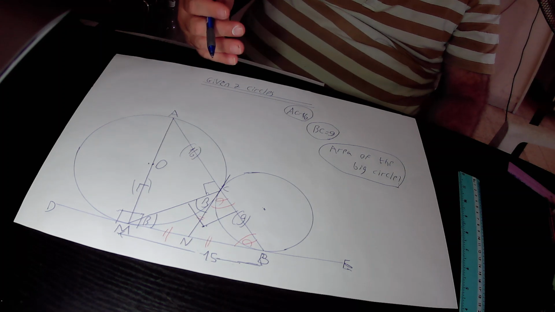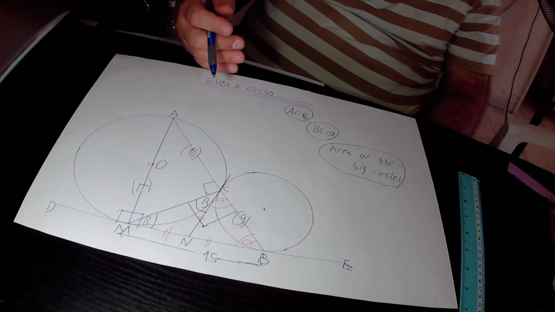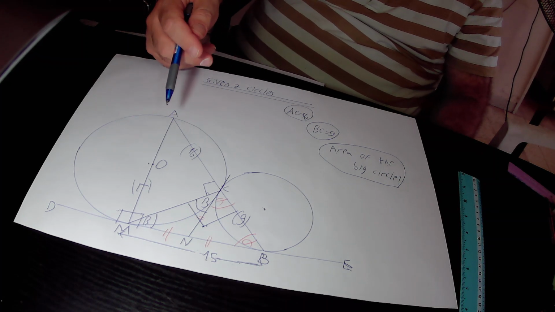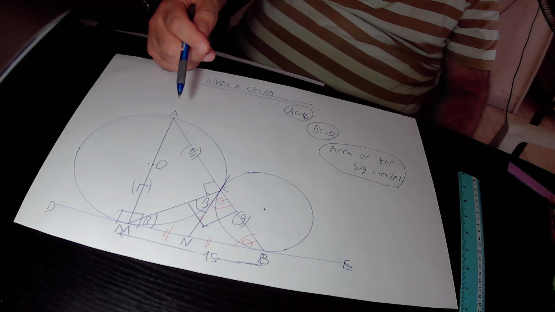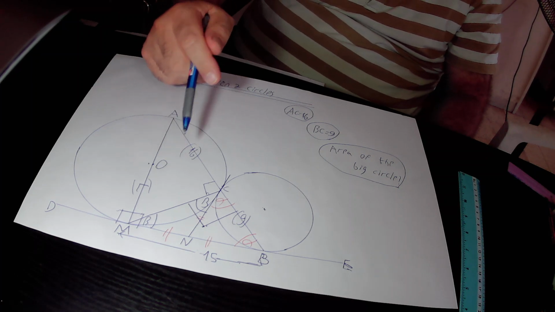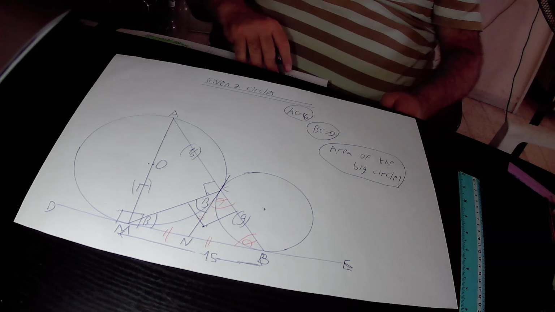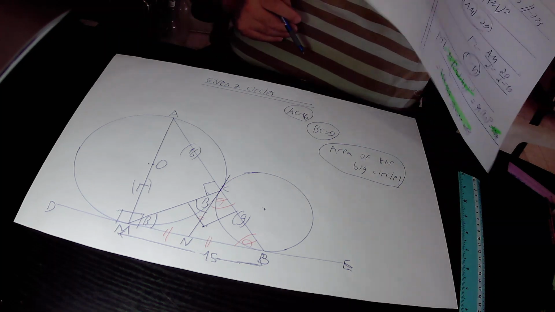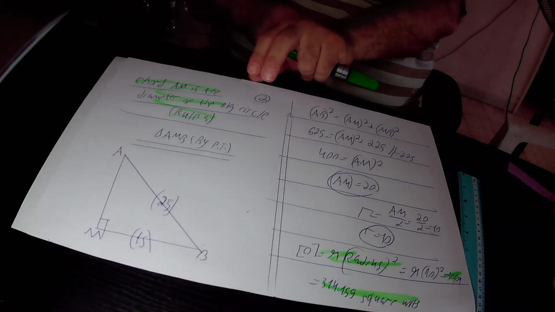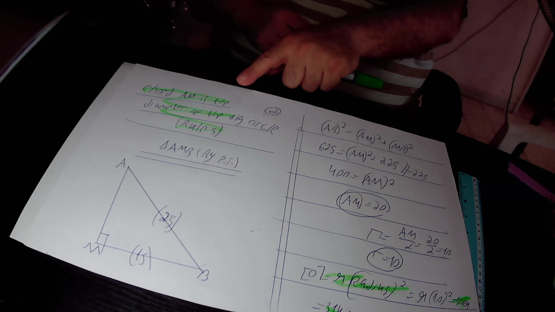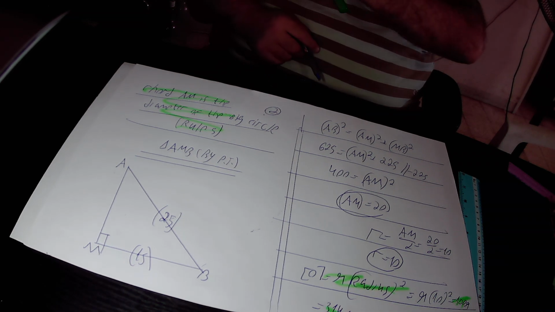Therefore, according to rule 5, AM must be the diameter of this big circle. Again, according to rule 5, if we relate to the big circle, chord AM is the diameter of the circle.